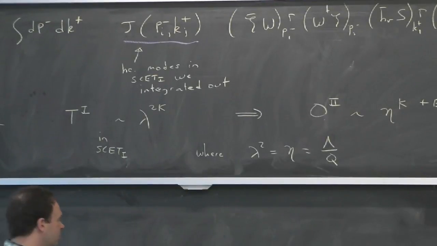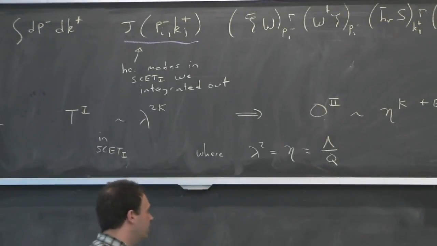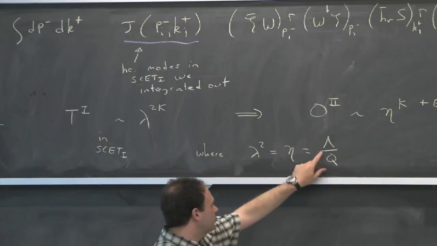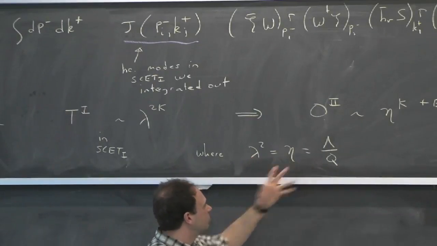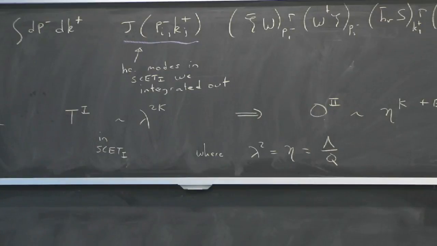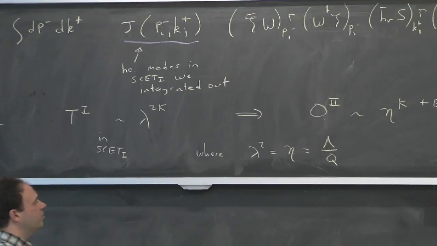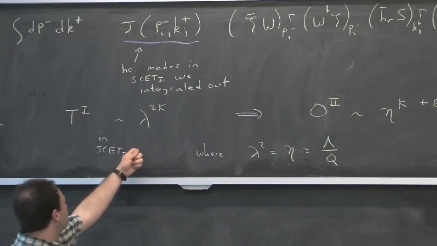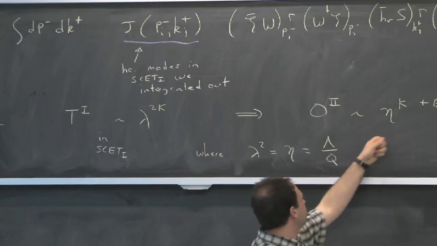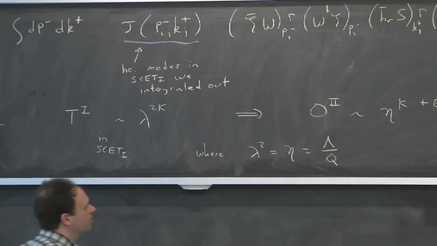That just follows from this formula: if you want to identify lambda squared as lambda over Q for the collinear modes, then this would be the right way of doing it. Little lambda would be the square root of lambda over Q. But in SCET2, for the collinear modes, you'd say there's some parameter eta, which is just lambda over Q. So basically it looks like you just take 2k and go over to k because you just change the definition of what you're calling the parameter.